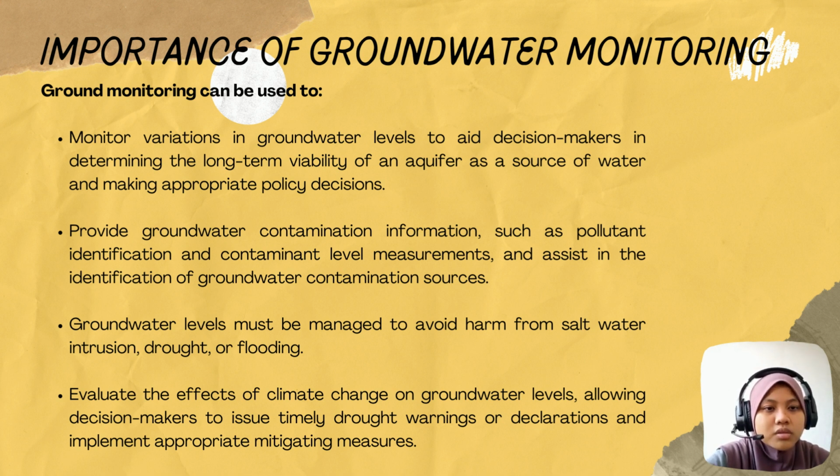Groundwater levels must be managed to avoid harm from saltwater, drought or flooding. And lastly, it evaluates the effects of climate change on groundwater levels, allowing decision makers to issue timely drought warnings or declarations and implement appropriate mitigating measures.